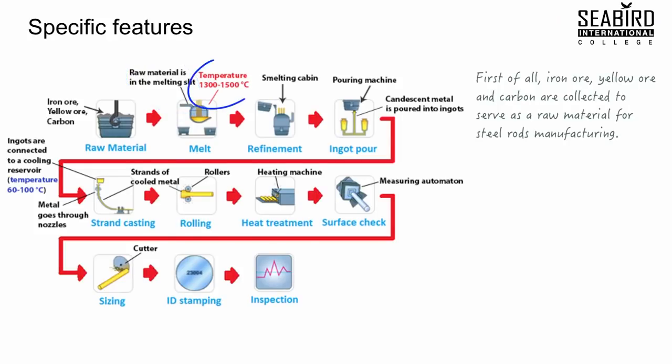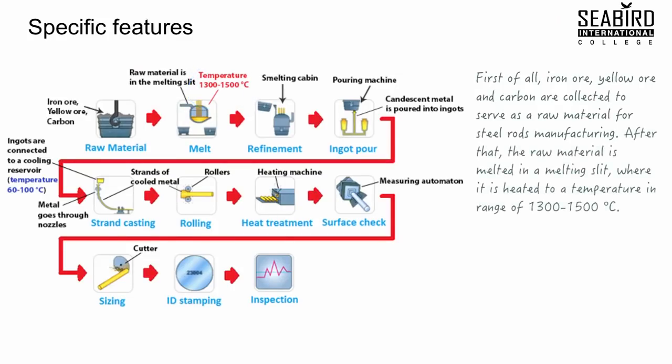The other arrow indicates the temperature range. I used all this information to describe this stage of the process. After that, the raw material is melted in a melting slit, where it is heated to a temperature in the range of 1300–1500 degrees Celsius.